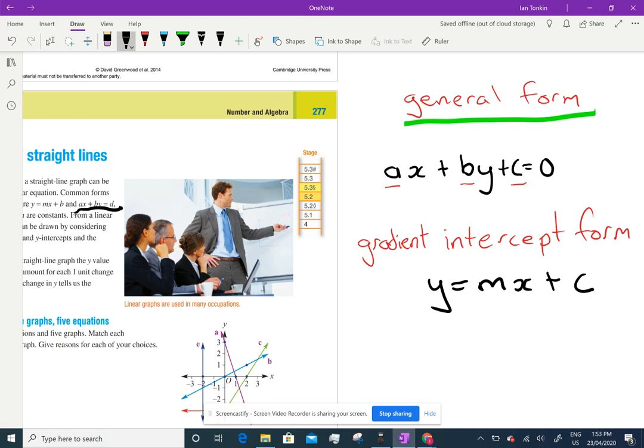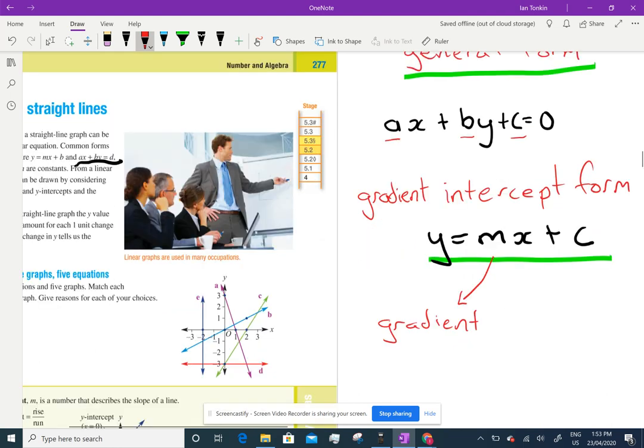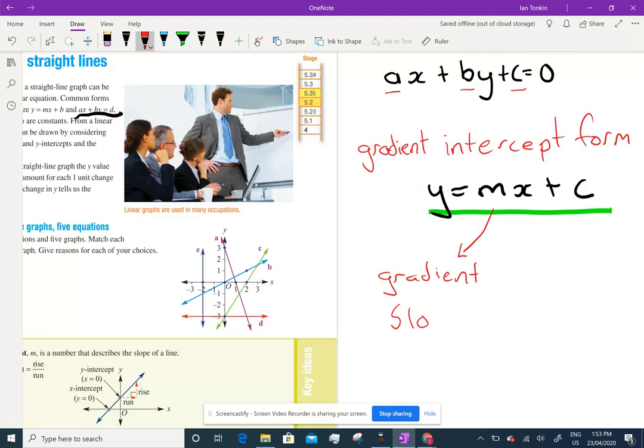Y equals mx plus c. So that's our intercept form, where m represents the gradient, which is the slope, which is the rise.